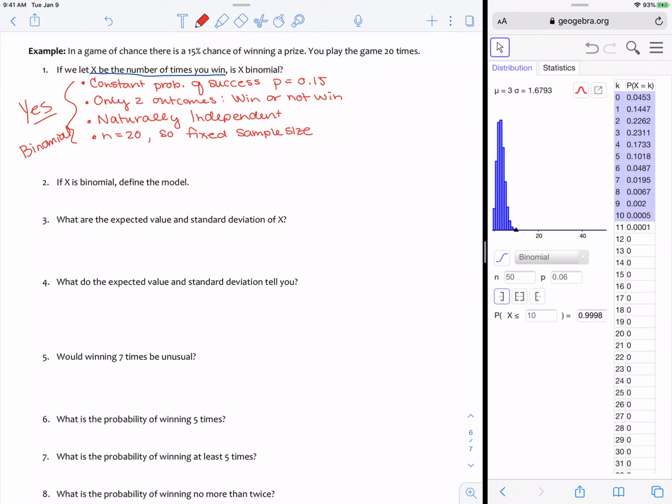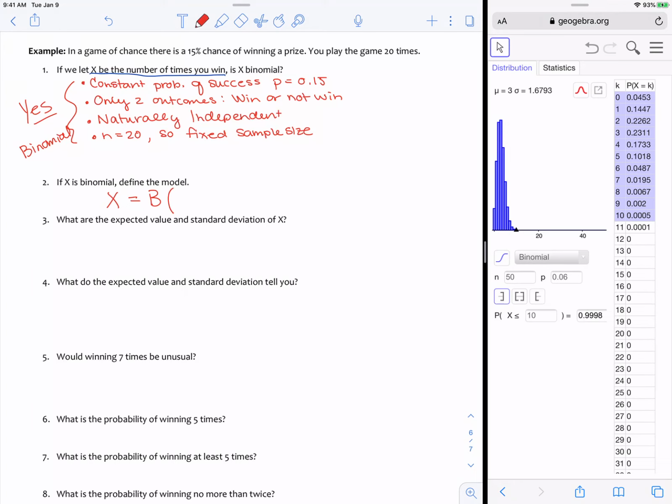So we start by giving the name of the variable that's being described by the model. So the variable is x, and it is in fact binomial. So we use the letter B to state that distribution type.